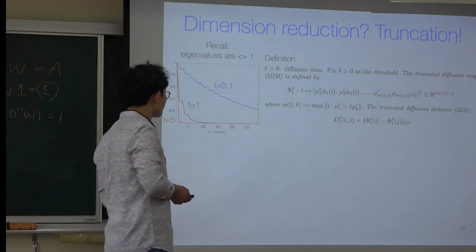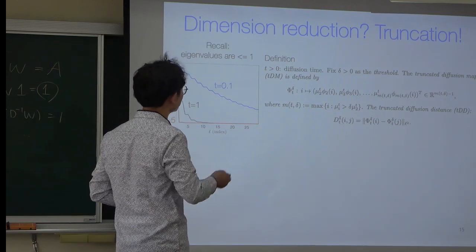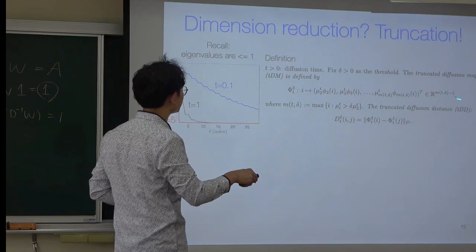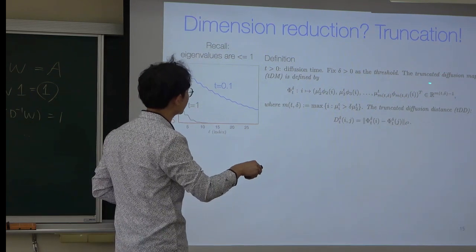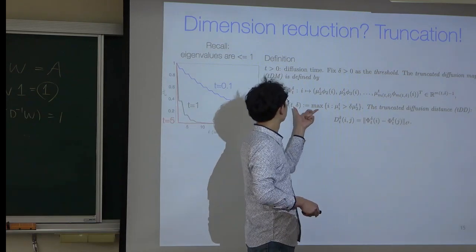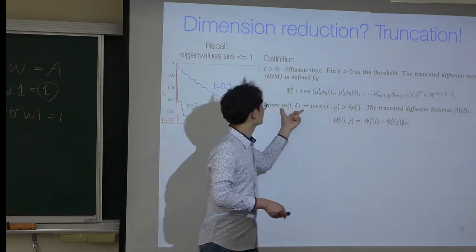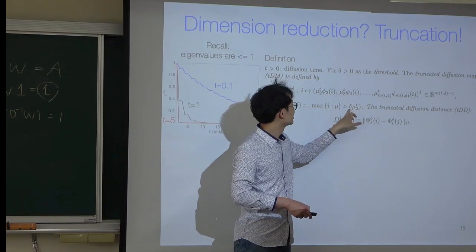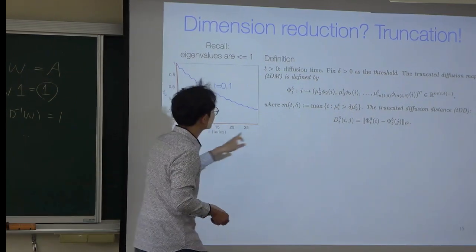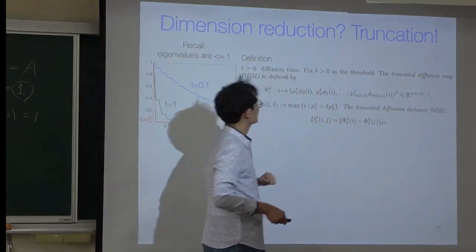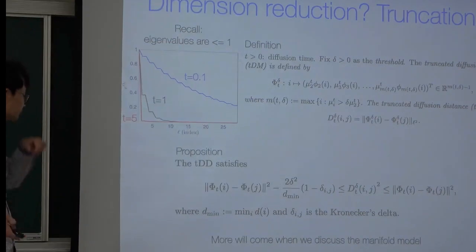And you can show that the truncated diffusion distance comes from the truncated diffusion map, which comes from nothing but you define a truncation number. That is, you truncate so that all the eigenvalues are sufficiently large, and you consider this truncated diffusion distance.